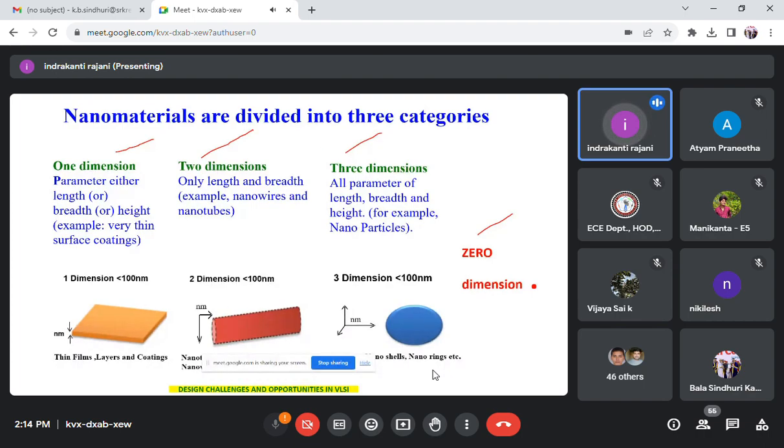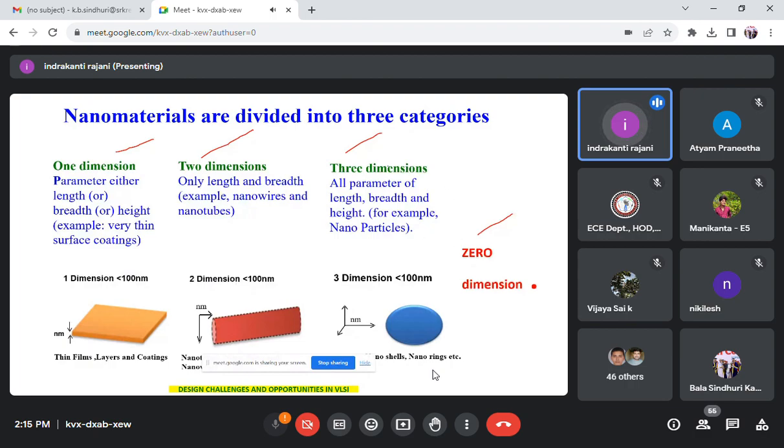And 3 dimensions means all three parameters, length, breadth, and height, are in the nanoscale. For example, you can consider a ball in 3 dimensional space.